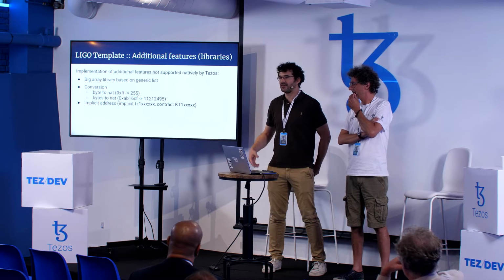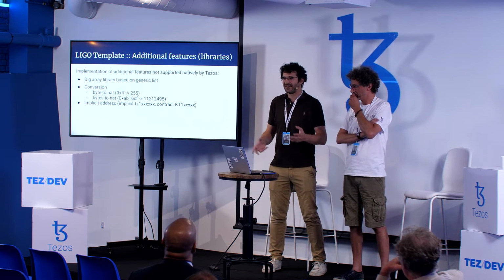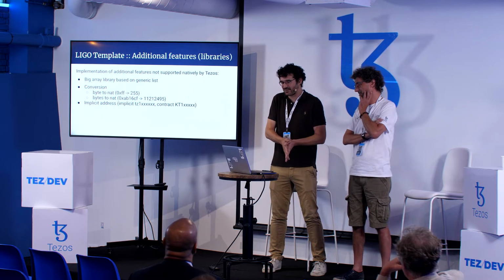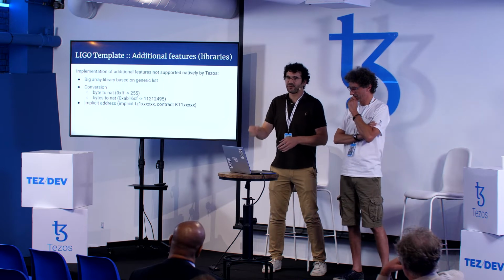So bytes to nat conversions, or knowing if an address is an implicit address or a contract address. So is it a tz1 or a KT1 address? There is an easy way to check this, but you have to go inside the internal representation of the address to see a certain byte. So we provide those kinds of features, which helps.